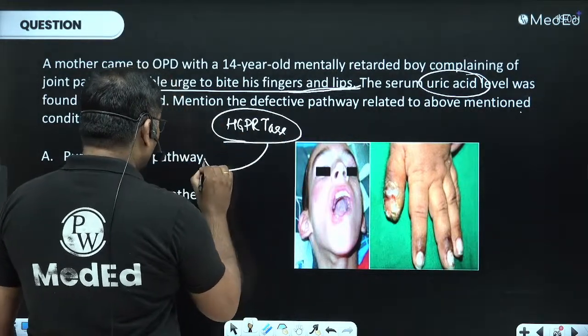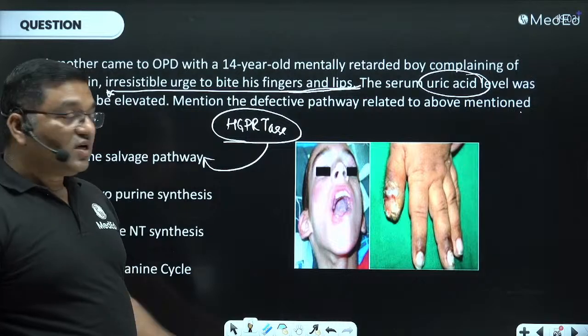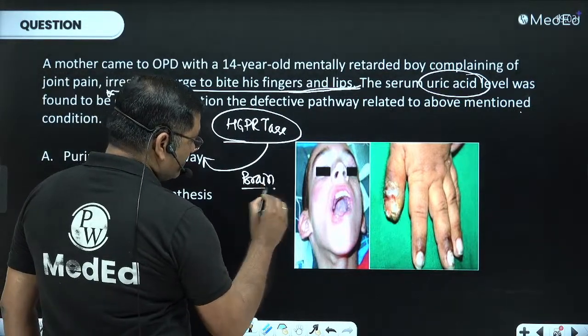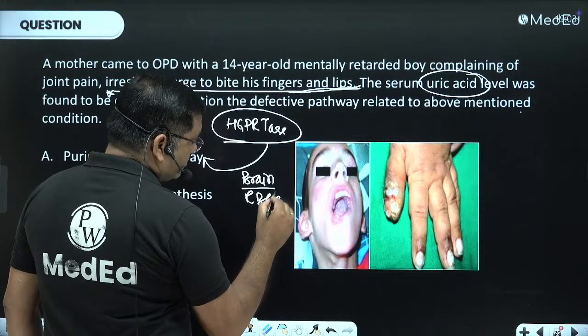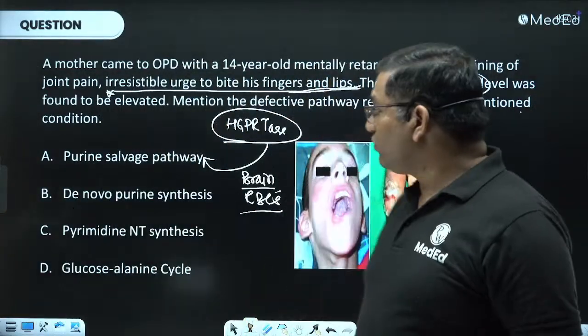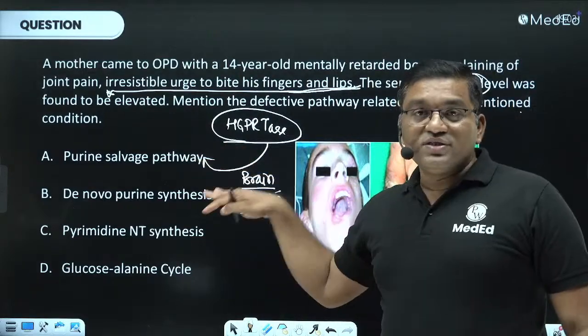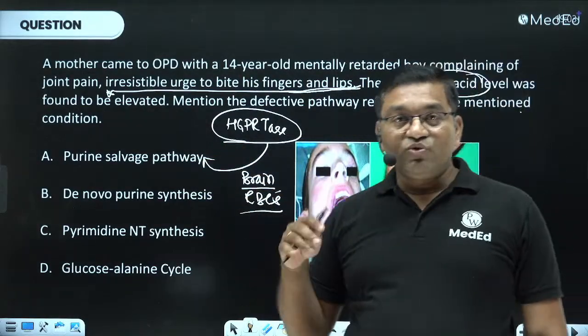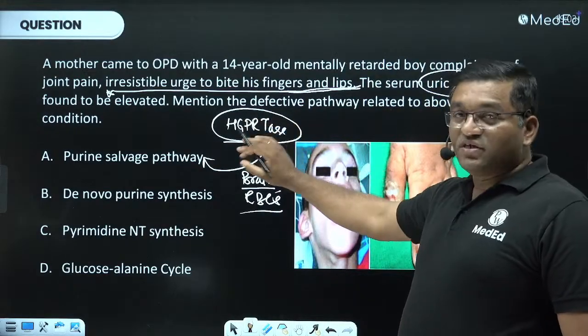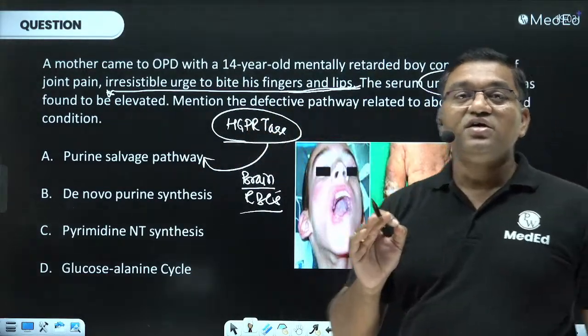This enzyme belongs to the purine salvage pathway, which is particularly important in brain and RBCs, where de novo synthesis of purine nucleotides does not occur. So they depend on the purine salvage pathway, direct synthesis of purine nucleotides from the nitrogen bases. So when this enzyme is defective, it causes Lesch-Nyhan syndrome.